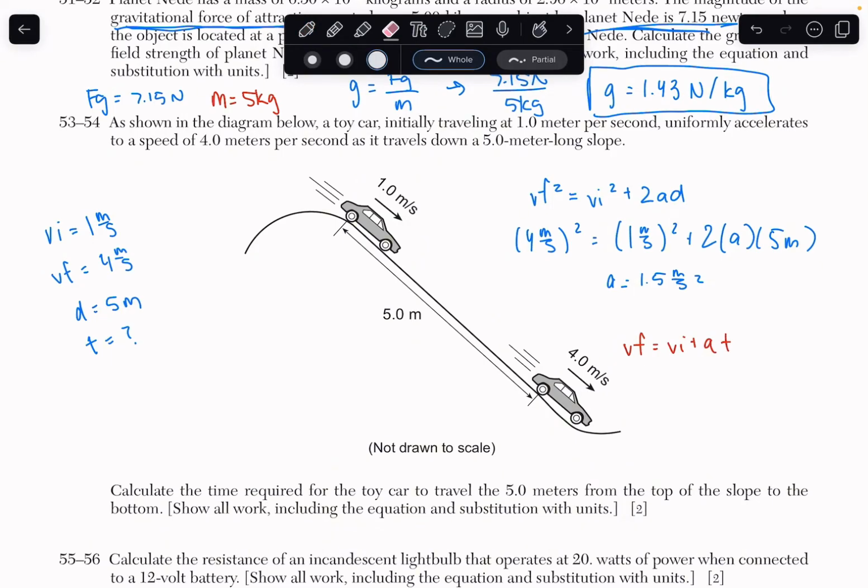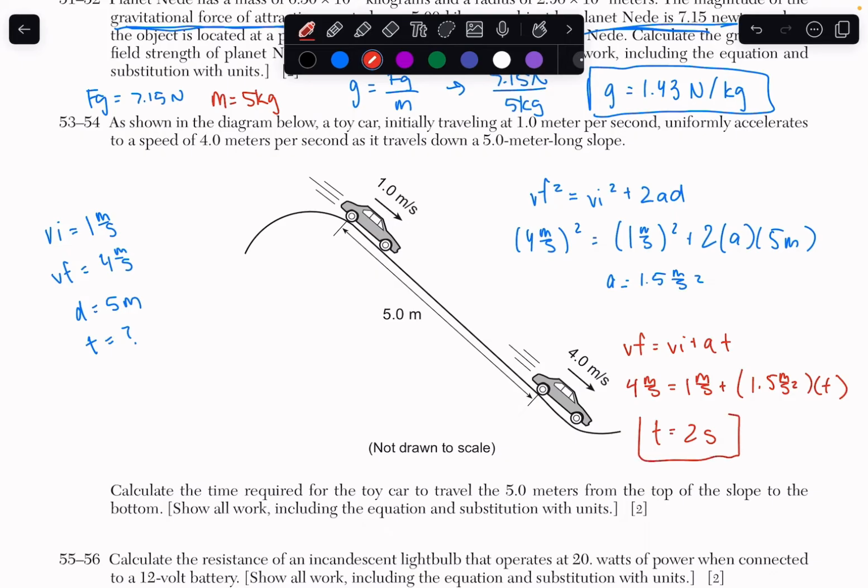So let's just plug in again. 4 meters per second equals 1 meter per second plus 1.5 meters per second squared times time. And once we solve out for time, we're going to get 2 seconds. And that is our answer.